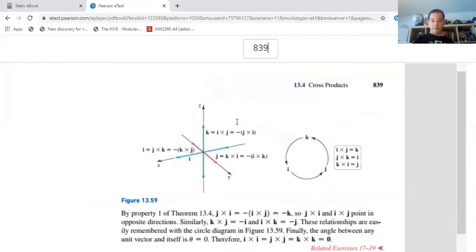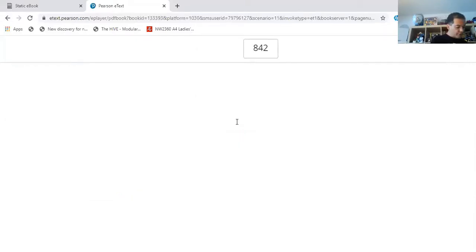They haven't been for some semesters. So I think instead, we should concentrate on the kind of problems that you may be asked on the final exam. So let's look at page 842, where we have some of the problems, and let's work on a few of these.